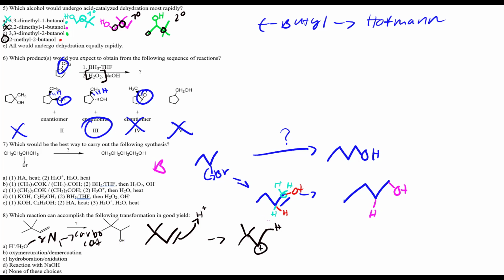Now, I could do carbon tunneling, which is a fancy way to say a methyl shift. So I can move a methyl to the carbocation, and the plus sign moves to the central carbon, thus creating a tertiary carbocation. And as you recall from number 5, a tertiary carbocation is super stable and super favorable.